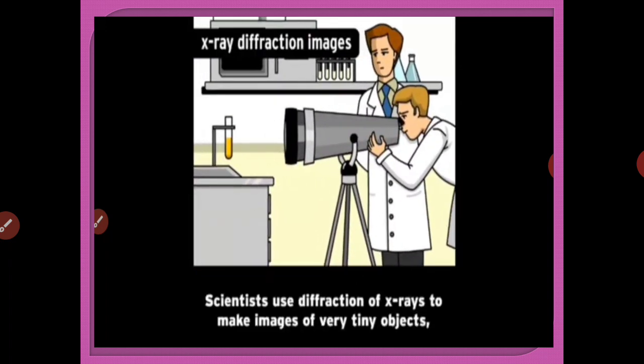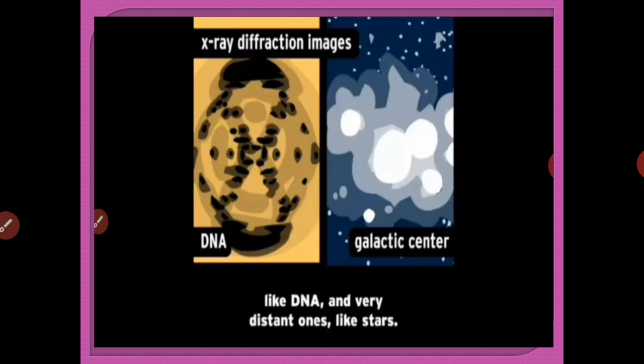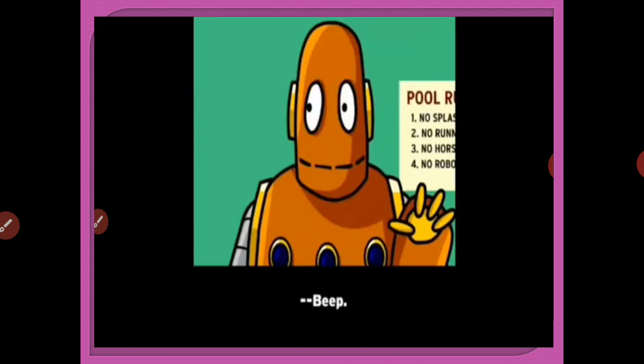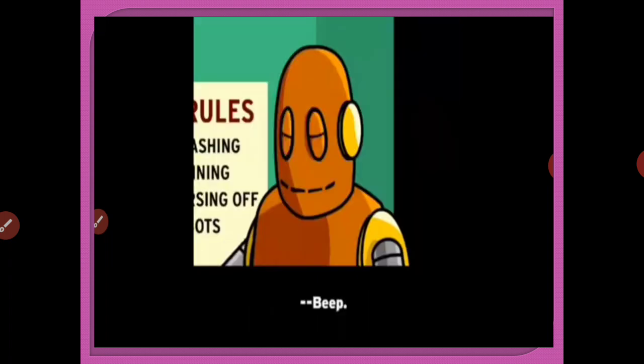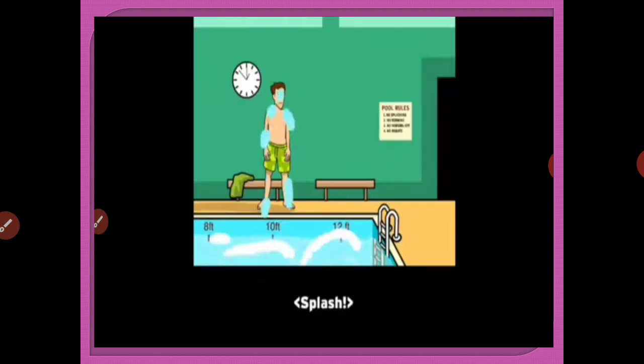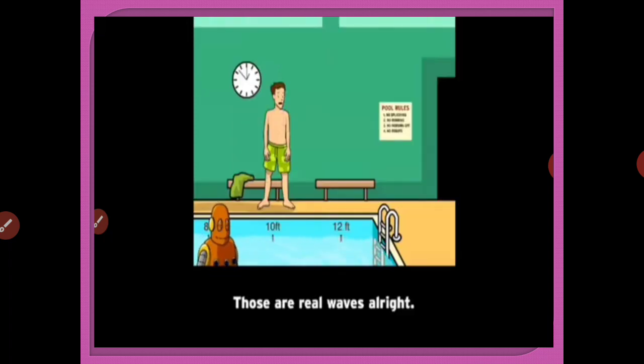Scientists use diffraction of X-rays to make images of very tiny objects, like DNA, and very distant ones, like stars. I thought I told you those waves don't count. Oh yeah. Those are real waves, all right.